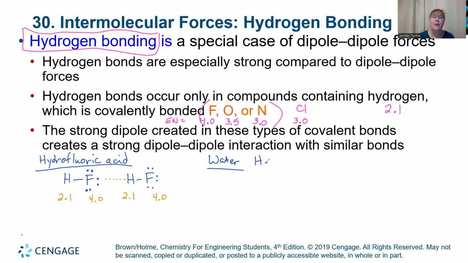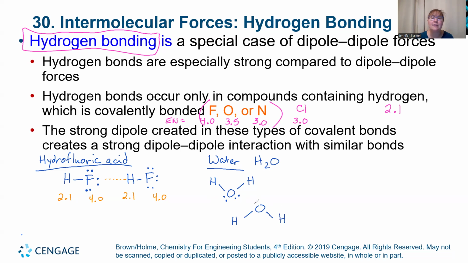Okay, so when you have H2O, what you have here is hydrogen bonded to oxygen, and oxygen is 3.5 and hydrogen is 2.1. So that gives it an electronegativity difference of 1.4, not as high as the 1.9, but 1.4 is still really pretty high. Okay.